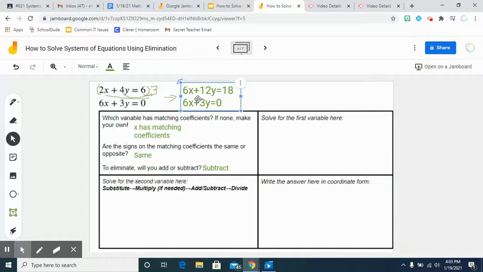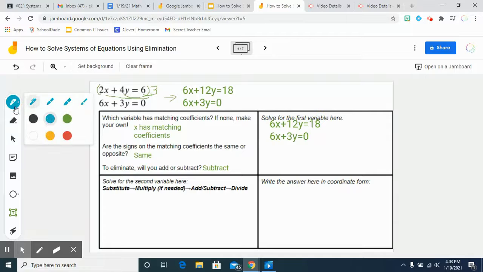So I can take this system of equations and just plop it right over here. And as we said, we are subtracting. I like to use a different color to show subtraction just so I don't accidentally rewrite it as a negative in the future. When we do that subtraction, we have 6 minus 6, that becomes 0, so I can just cross that off. 12 minus 3 gives us 9y.